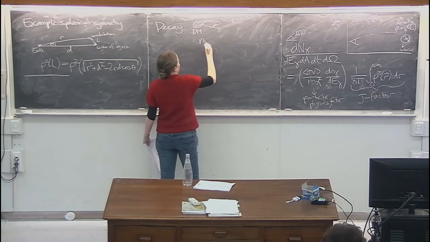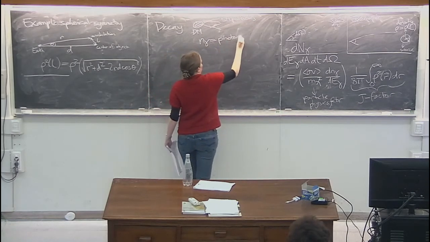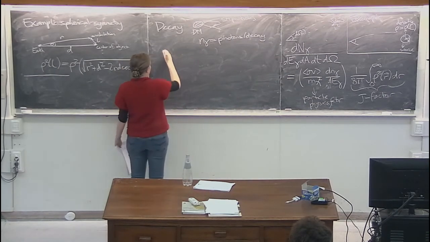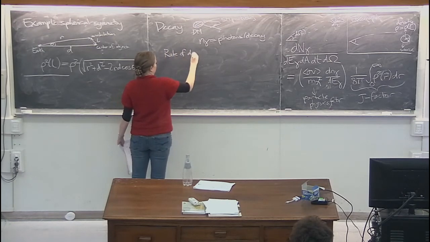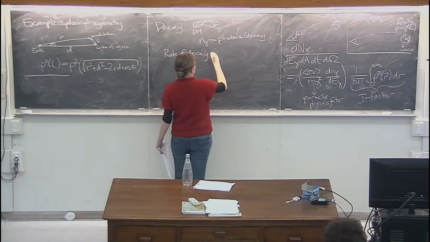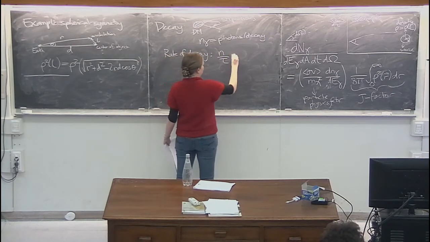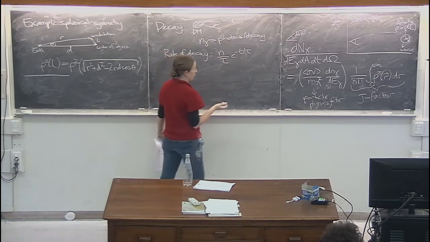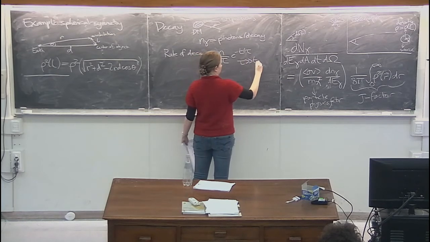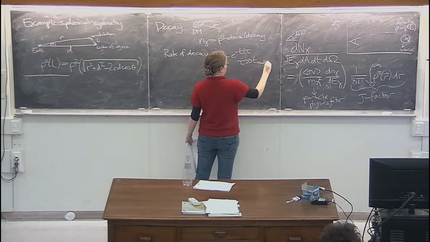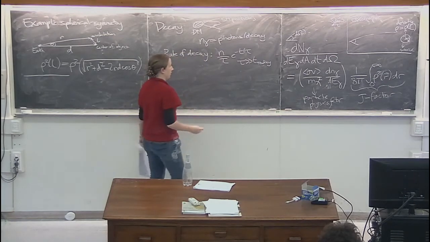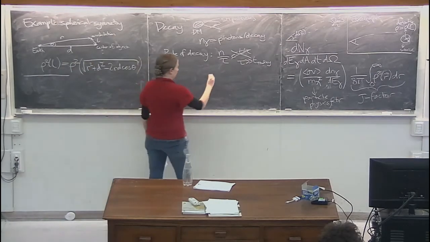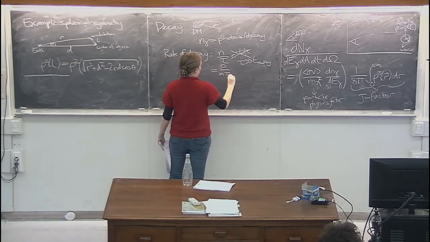So if we write n gamma equals photons per decay, then the rate of decay is going to look like n over tau e to the minus t over tau, but we know that the lifetime has to be much longer than the age of the universe. So that tells us that this factor is just approximately equal to 1, and the decay rate just goes like n over tau, which is rho over m tau.